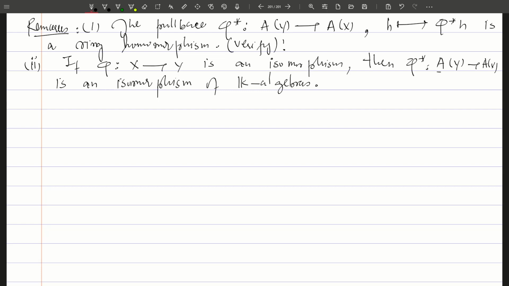So one should remember that these Ax and Ay are algebras.